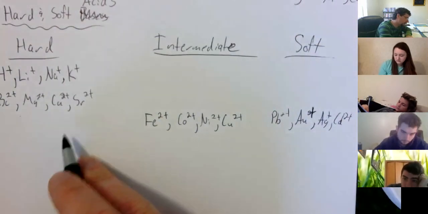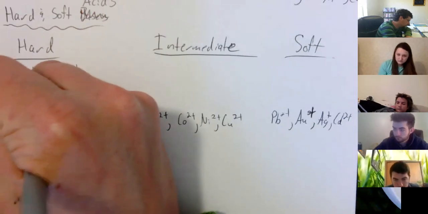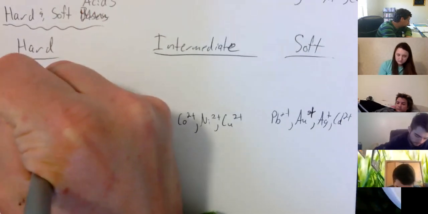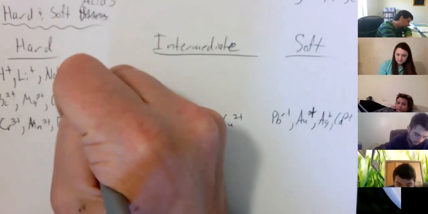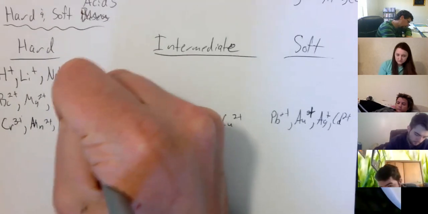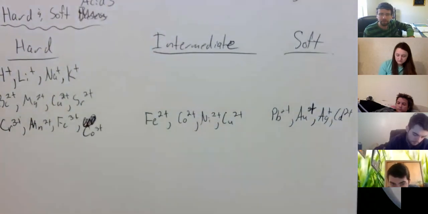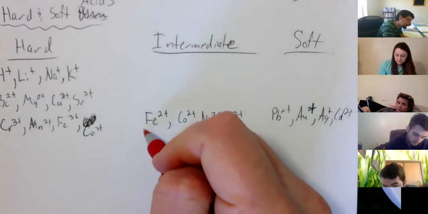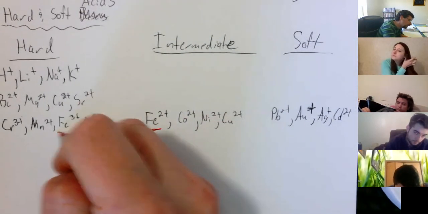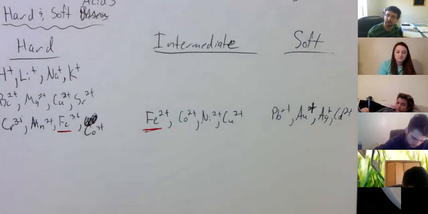If we look at some harder metals, that'd be chromium 3 plus, manganese 2 plus, iron 3 plus, cobalt 3 plus. Now, let's look at these. Iron 2 plus is considered intermediate, but iron 3 plus is considered hard. Why is that?